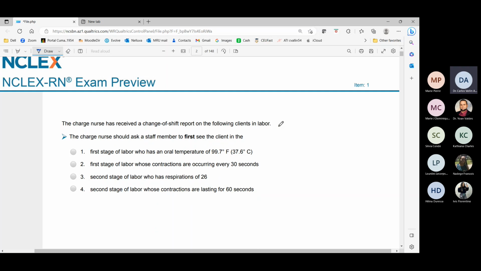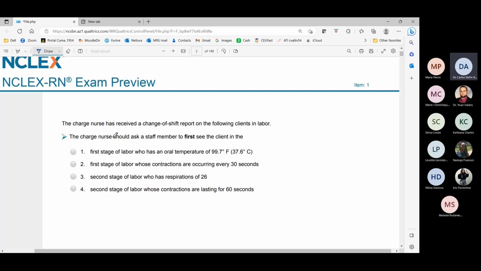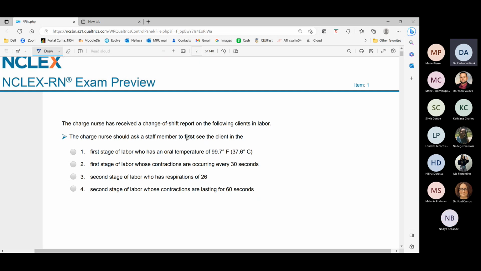Let's start with the first question. The first question says the charge nurse has received a change of shift report on the following clients in labor. So the first question is an OB question. The charge nurse should ask a staff member to first see which client? It is a priority question.